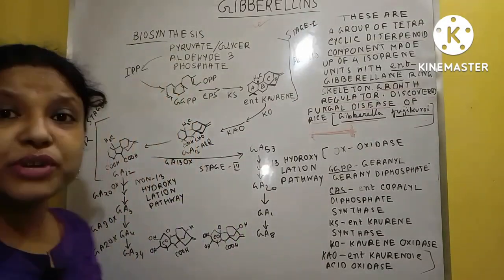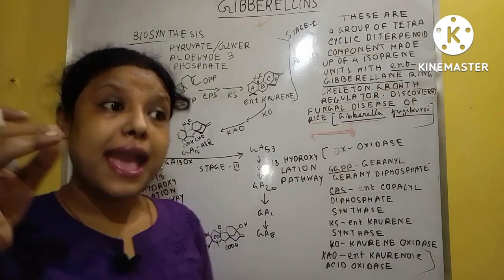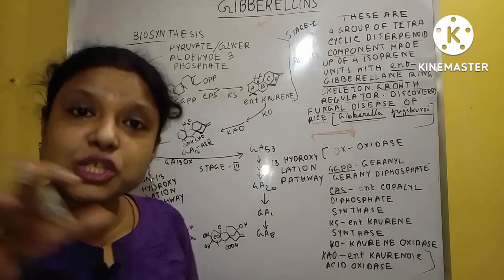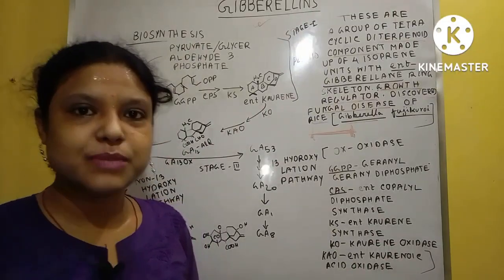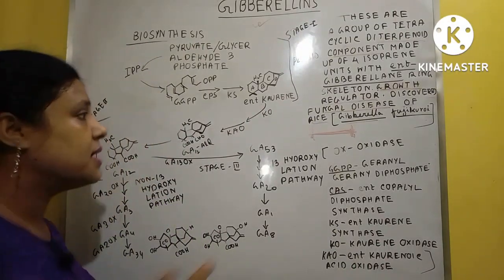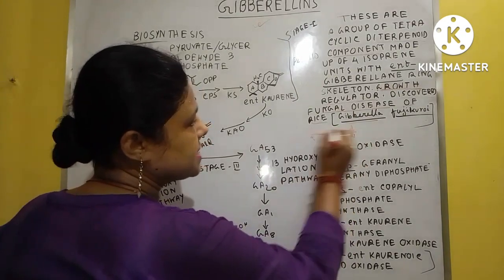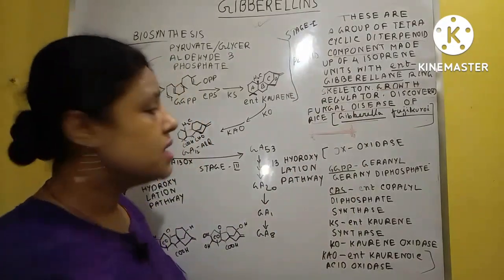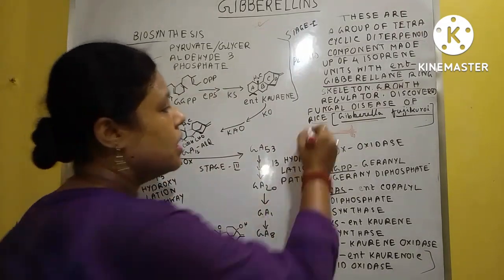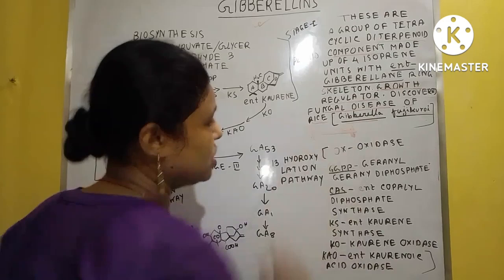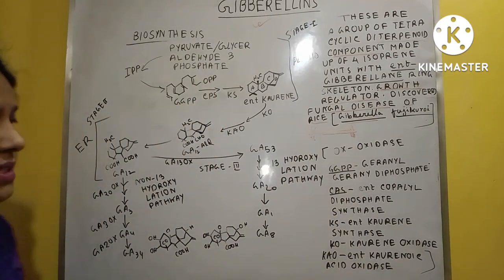So on which part of the plant's body does gibberellin function? It is seen that there is an internode system in the plant stem. Between two nodes there is the internode.